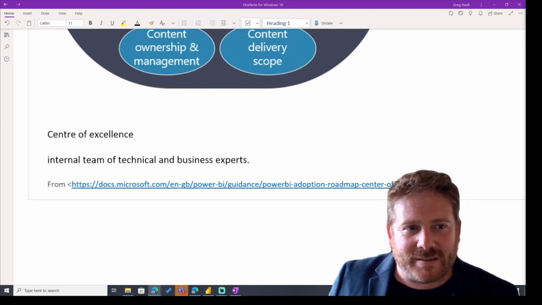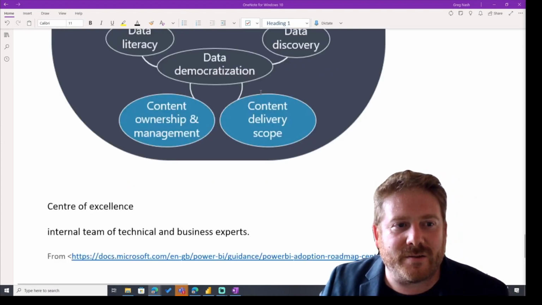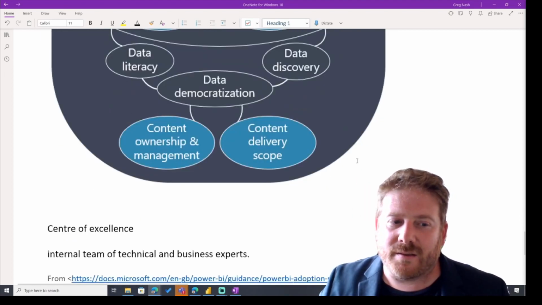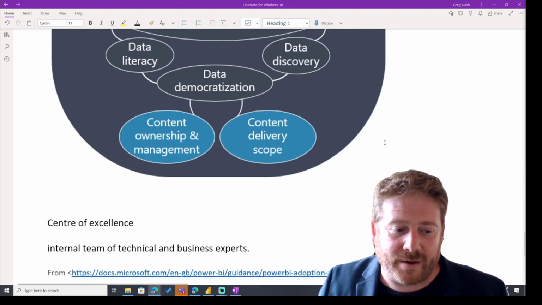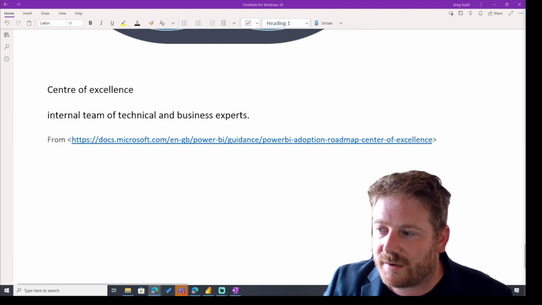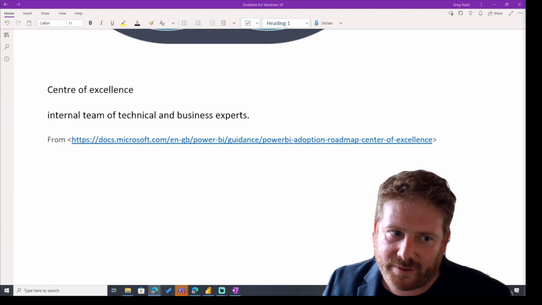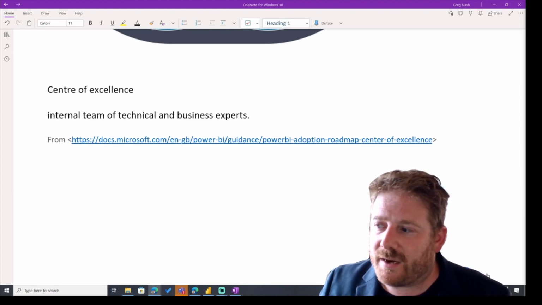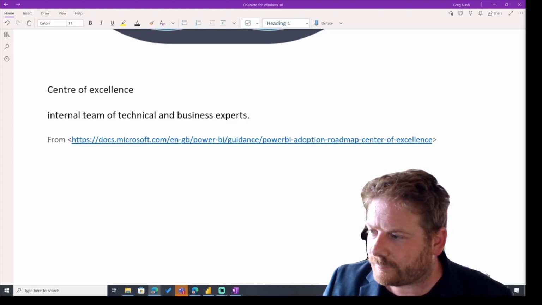This is slightly different to the community of practice. This is the oversight team. It's not so much the people who are doing the Power BI. These are the people who have the expertise associated with how it should be done.